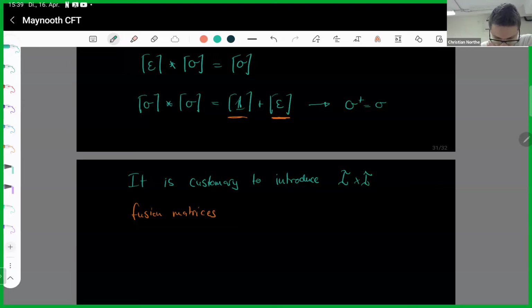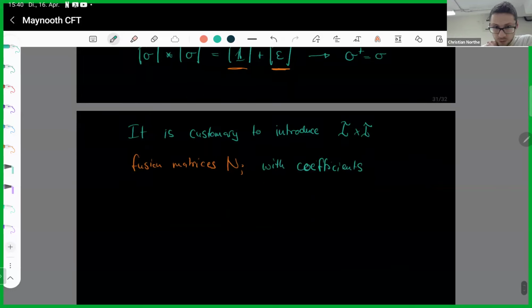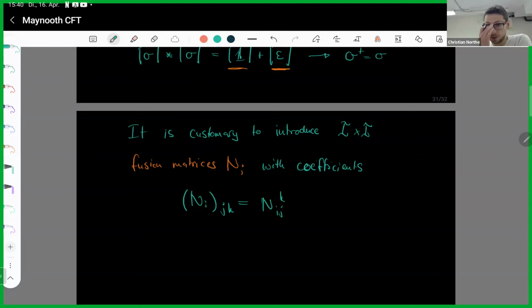And these fusion matrices, let's call them Ni, have coefficients which are just the fusion coefficients, and done in this way. So this is the matrix Ni, and it has components Jk, and these take values in I times I. And that's just Nijk. So these are the components.